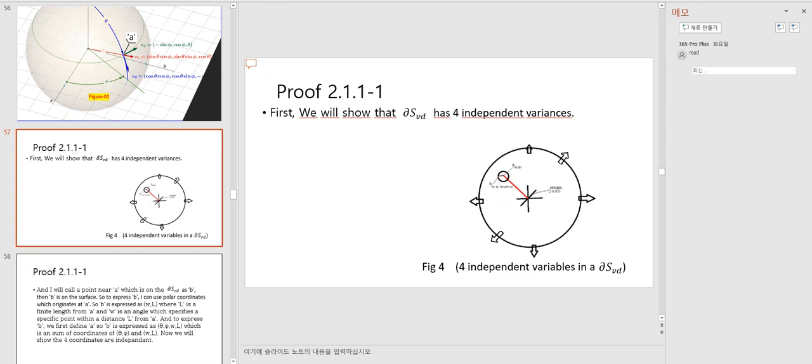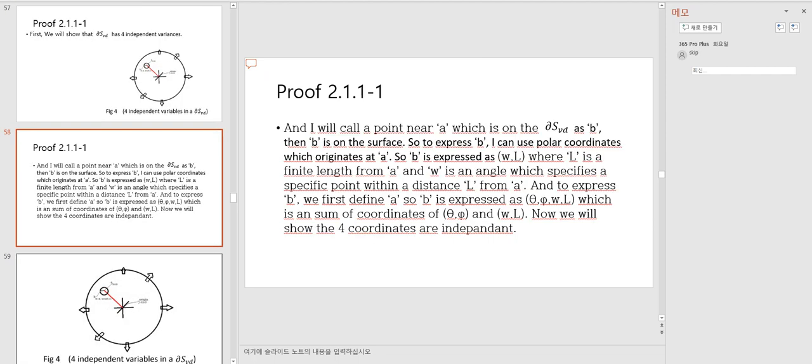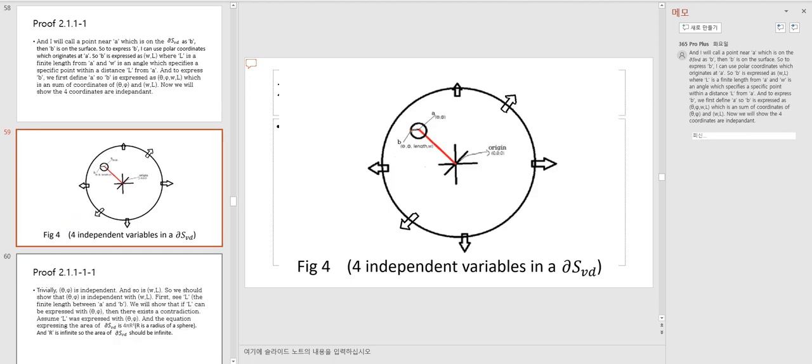First, we will show that dS3D has four independent variables. I will call a point near A, which is on the dS3D, B. Then B is on the surface.